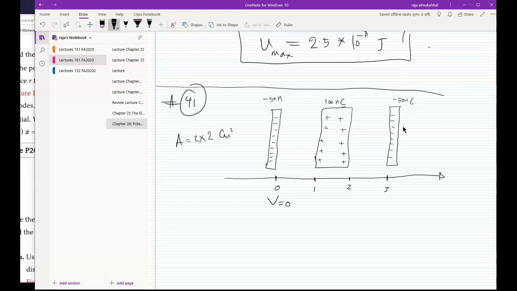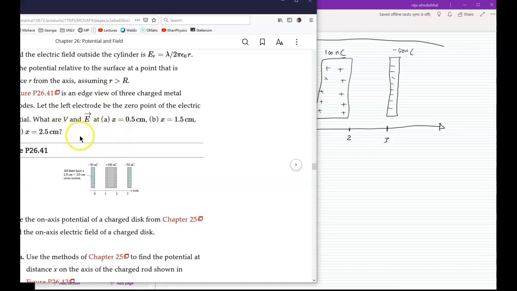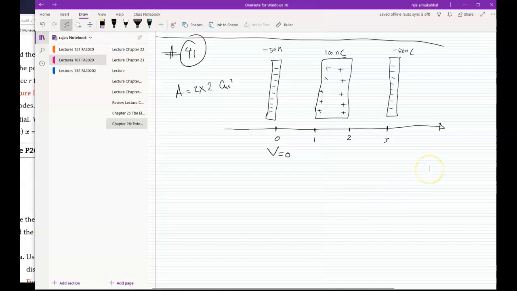Let me just assume centimeters squared. So now let's look at this picture and ask the question. He says, what are V and E at x equals 0.5 centimeter? Now, where is 0.5 centimeter? Well, it is right here.